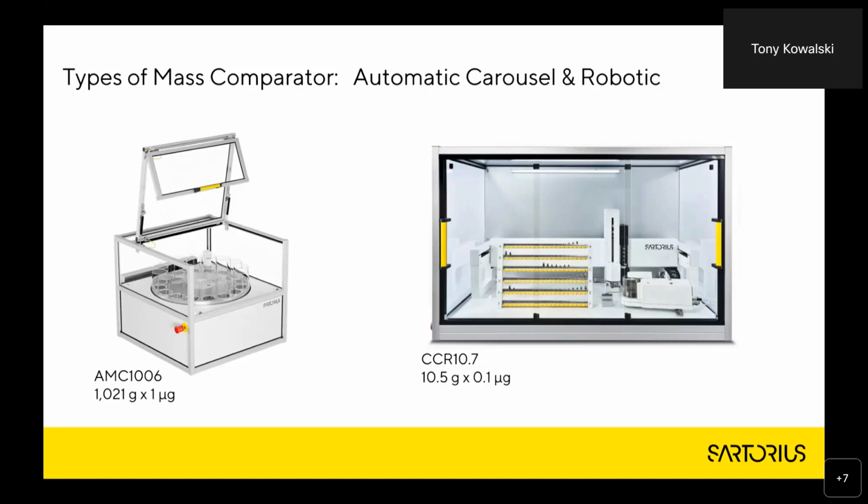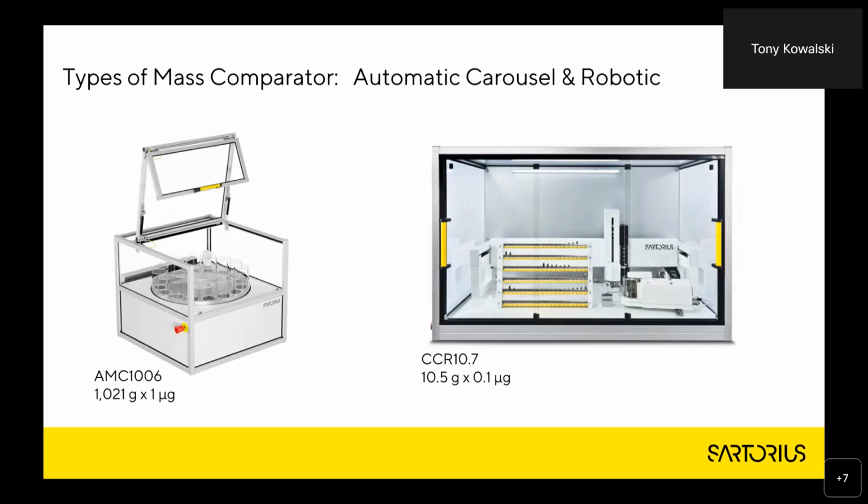So this means you can load, for example, if you have a box of 1 kilogram weights, you could load all of the references, the 1 kilogram, 500 gram, 200 gram, 100, a 50, a 20, and a 10 gram reference.